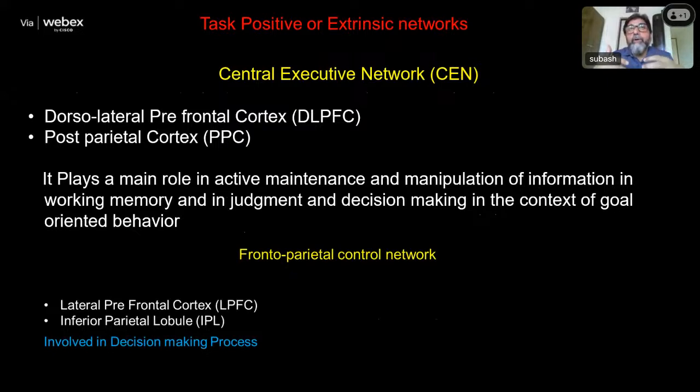Suppose I tell you to compute 4 plus 6 plus 9 plus 10. You will compute, and then when you have to make a decision and speak out, okay, this is the value, the frontoparietal control network will activate the auditory cortex and you will speak out. So this is how the brain is organized within itself, and how different signaling processes take place from one part of the brain to another.